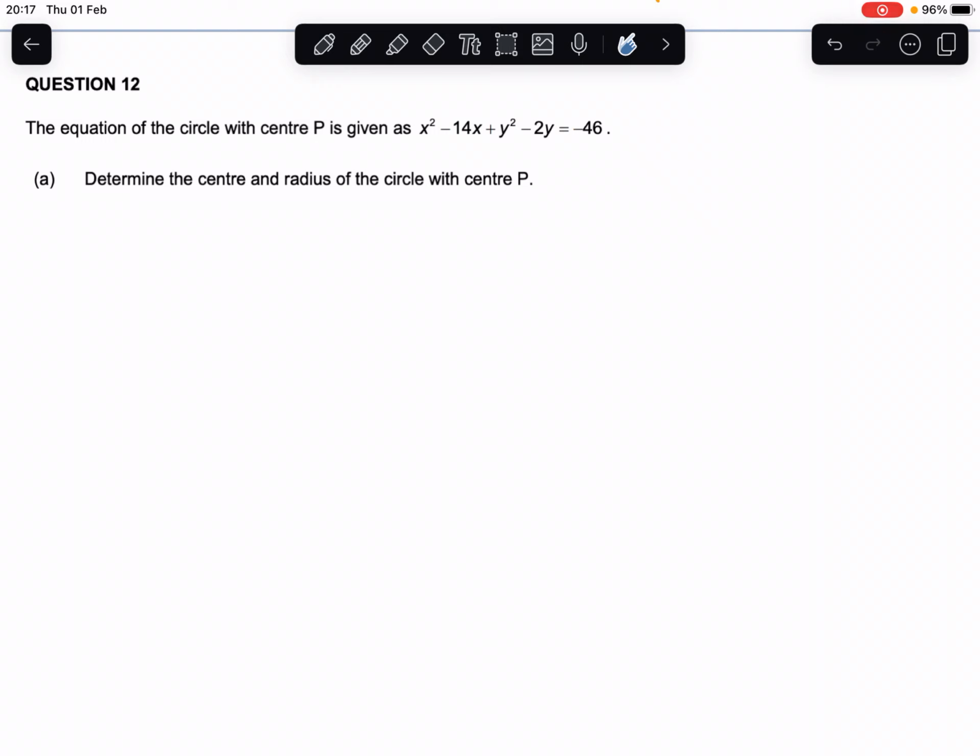Okay, so this is pretty much a level 1, level 2 question, right? A straightforward textbook style question.